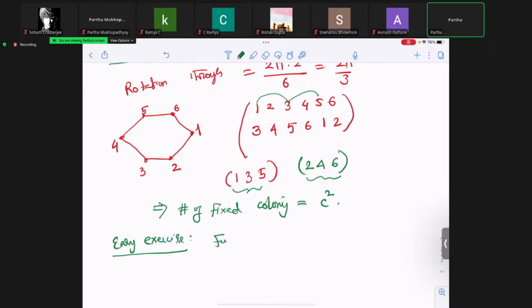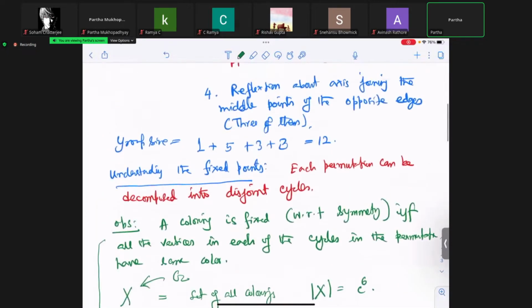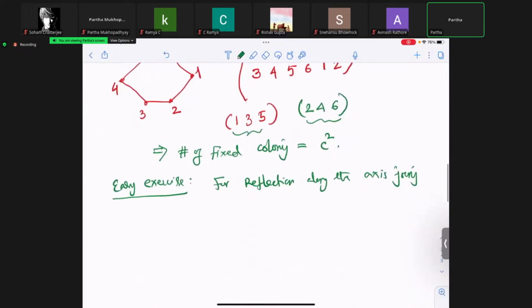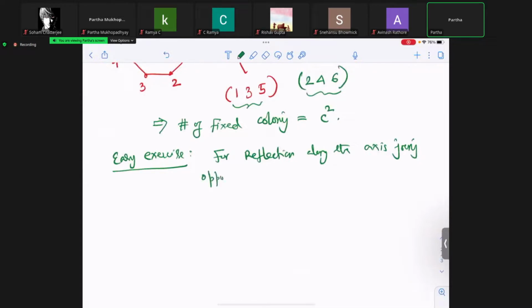It's an easy exercise. For reflections along the axis joining opposite vertices, let's say vertices 2 and 5, I did the computation, you can do it.